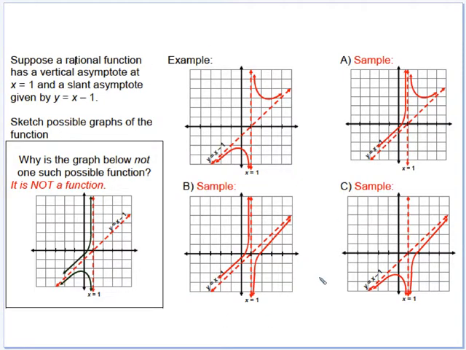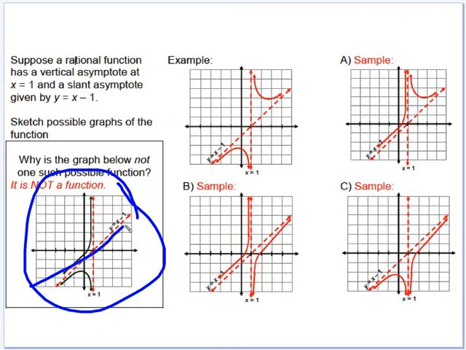Okay, you also have the bottom half of that page where you have vertical asymptotes here and slant asymptotes. If you notice, every single one of these graphs has the same vertical and slant asymptote. And again, you can have a lot of different scenarios here. This one here is not a function. You cannot have that.